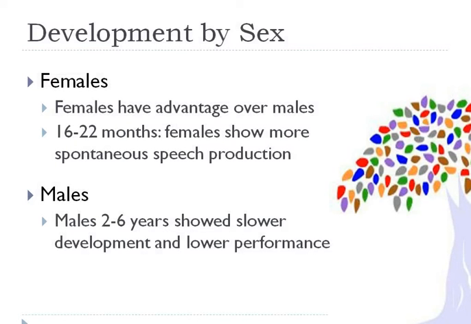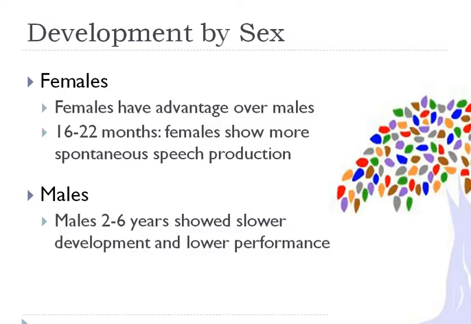When it comes to language development by sex, females have a clear advantage over males. In the 16 to 22 month range, females show much more spontaneous speech production than males. Now, the evidence is clear that there's a difference, but the cause is not so much.